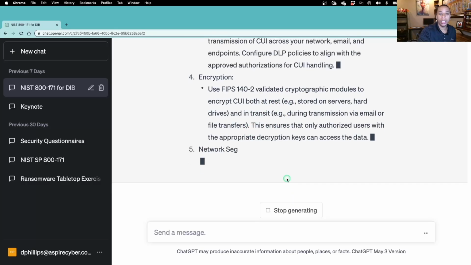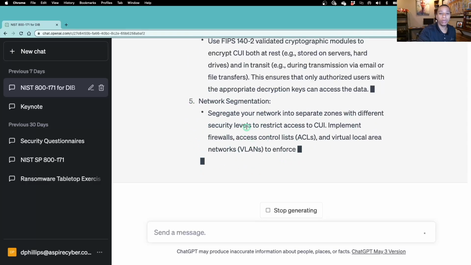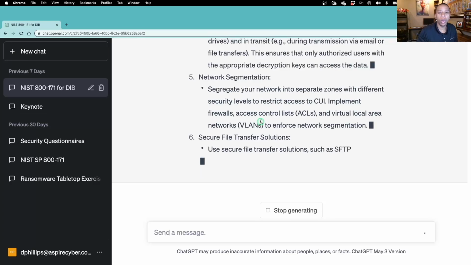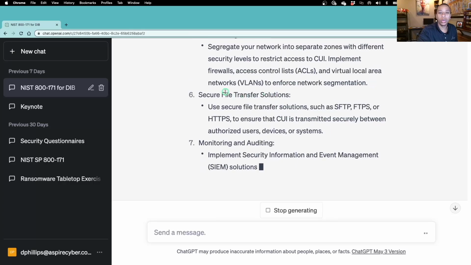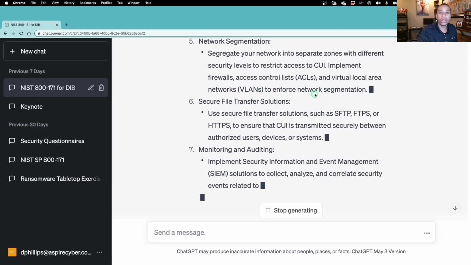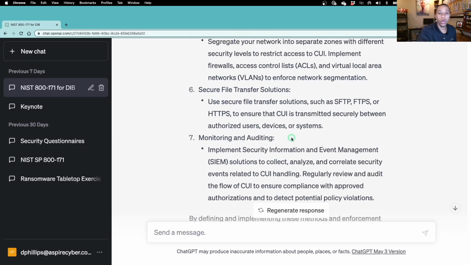Then FIPS validated encryption and network segmentation. This is one that's going to be really important in controlling the flow of CUI: access control lists and virtual local area networks, enforcing that segmentation. I mentioned how you can set up a CUI enclave, where all the CUI is stored on that VLAN, and only people that have access to that VLAN can access the CUI. So segment it logically from the rest of your corporate network.